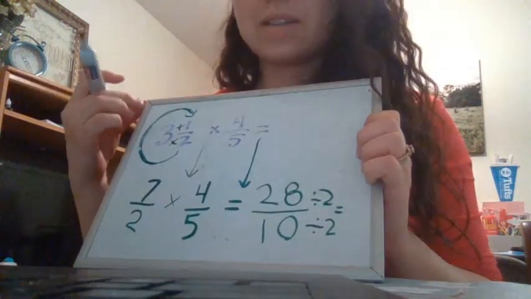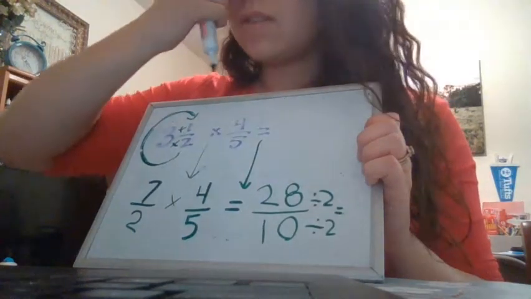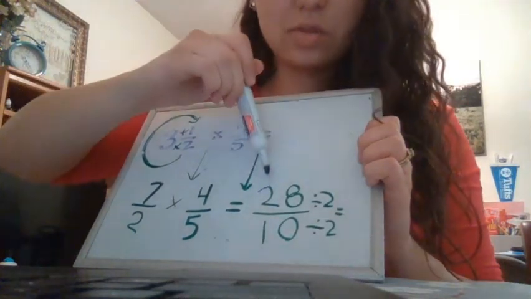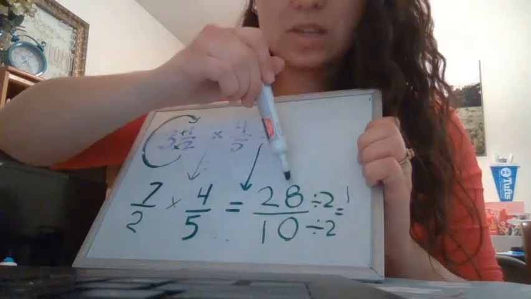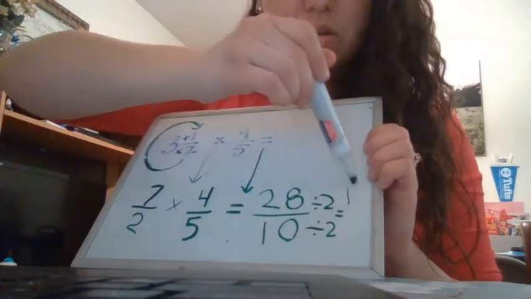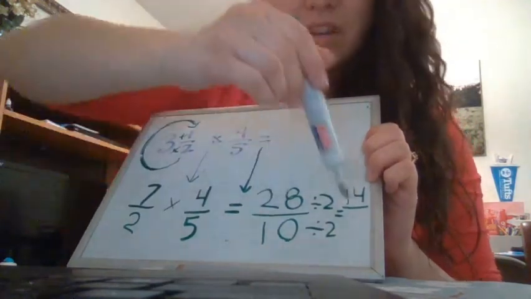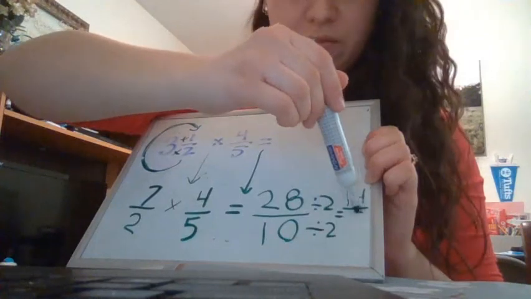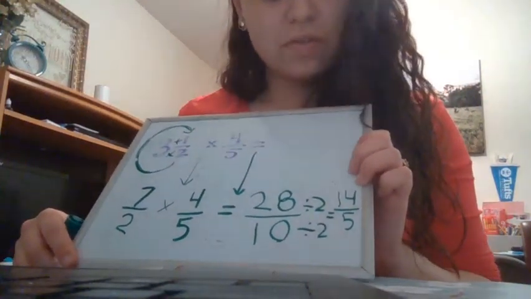Ooh, that's a little bit hard, but I know my secret is I can divide both numbers by 2 if it's even. So 2 divided by 2, or 2 split in half, is just 1. 8 split in half, or 8 divided by 2, is 4. 14. 10 divided by 2, and that one's easy. That's a 5. All right, so I've got 14 fifths.